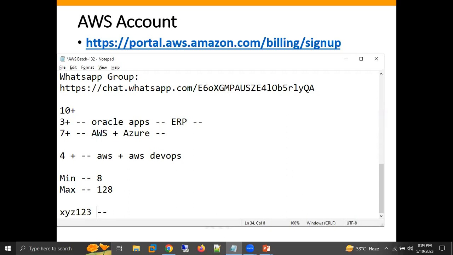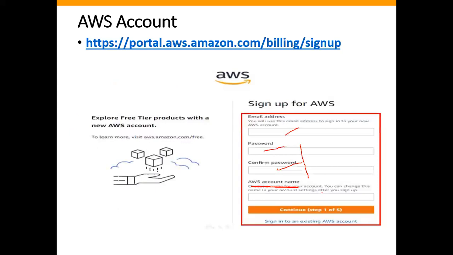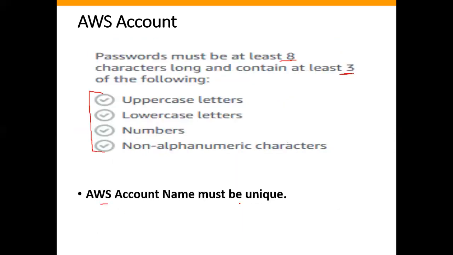Can we use the same name? No. You can't use this name again because someone has already used it. The name you give for your AWS account needs to be unique. And once you enter your account name, you can click on continue. Here also I mentioned it about account name.